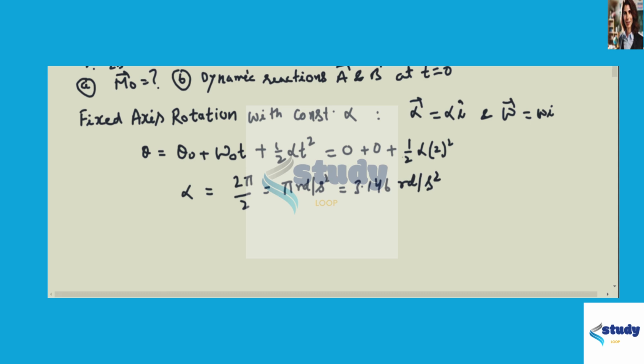Now angular momentum will be Ix omega i cap minus Ixy omega j cap minus Ixz omega k cap.